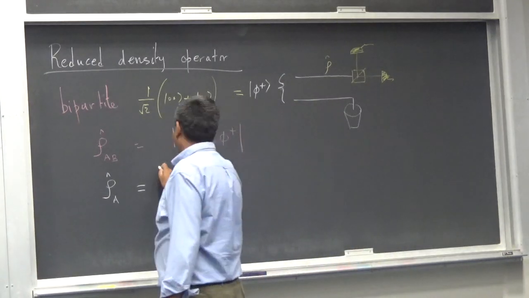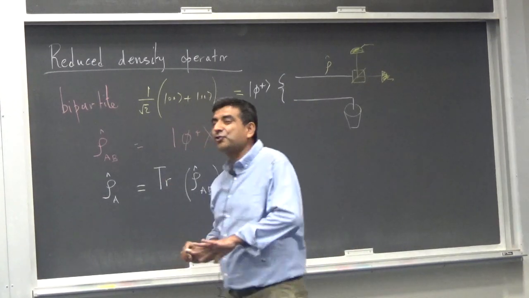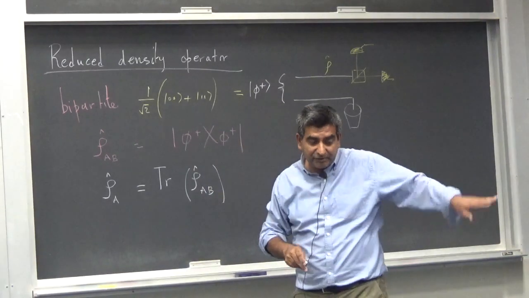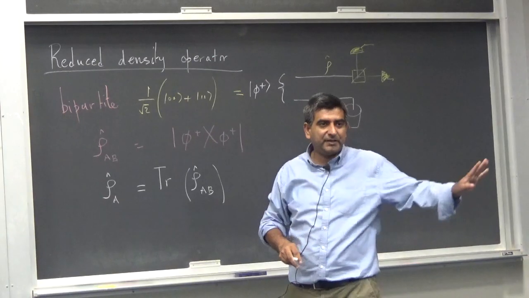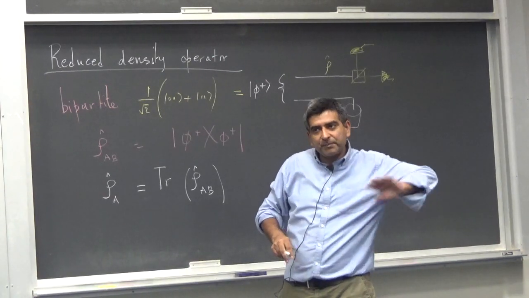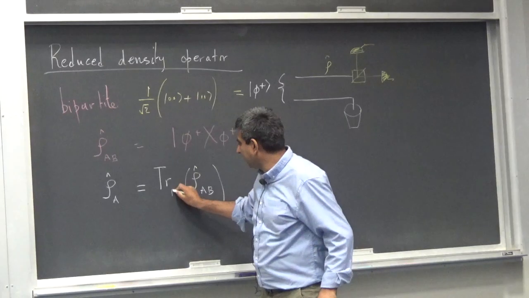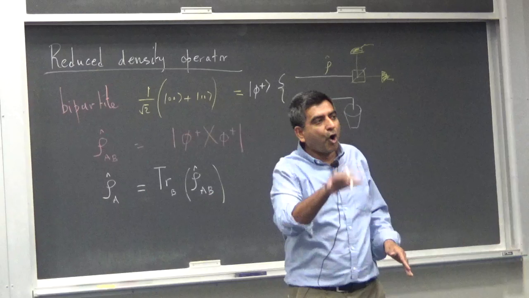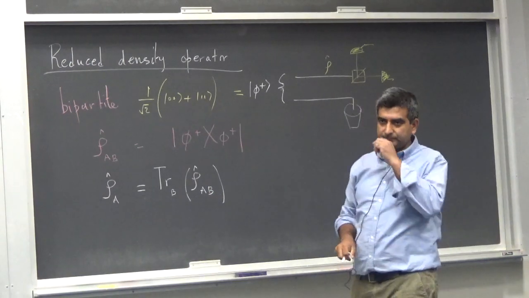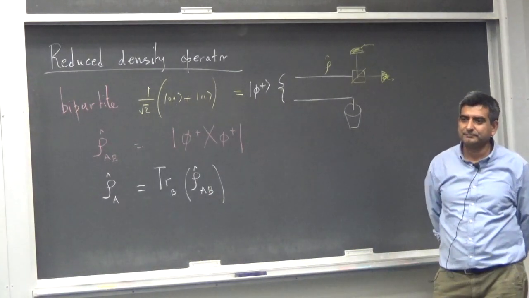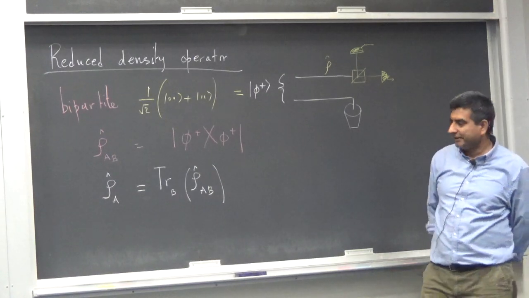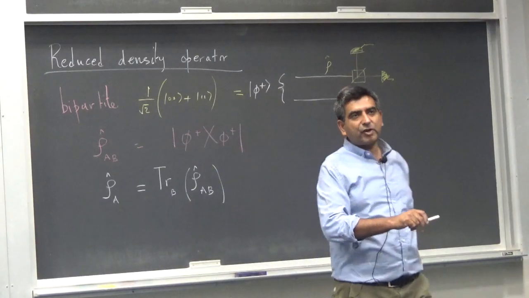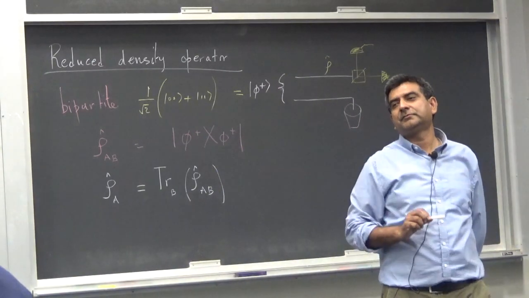And that is represented by trace, and you want to trace over B. Trace over B, wash over B, you ignore B, average over B. You want to do a partial trace over B. Put a small b here. You want a partial trace over B to find the reduced density matrix of A. Okay? That's what you want to do. This is how we symbolize this operation of partial traces. So the reduced density operator is obtained from partial traces.